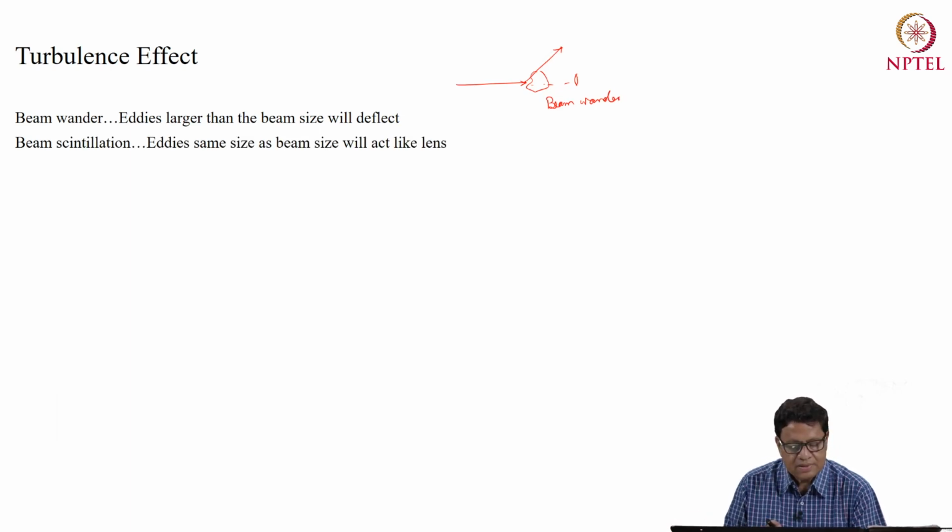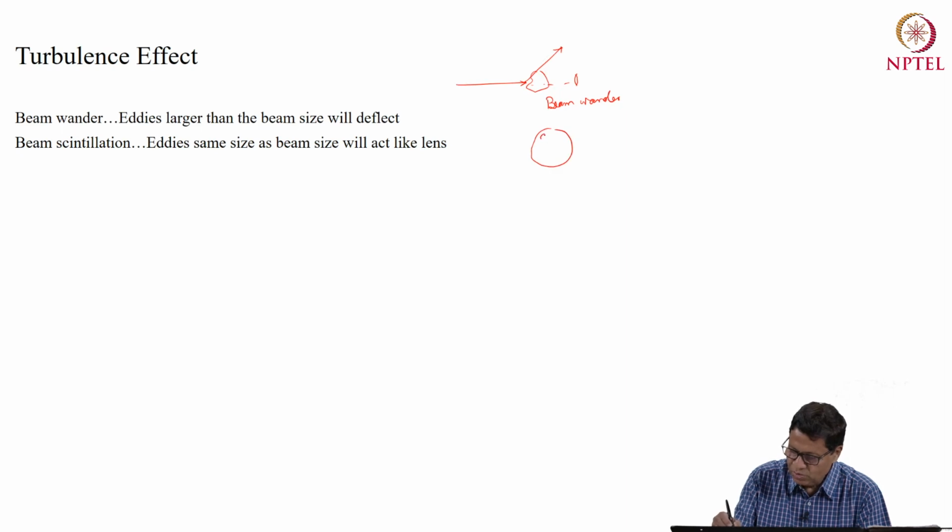The other effect is scintillation. The eddies which are of similar size as the beam size act like a lens. Sometimes they will focus the optical radiation, and sometimes they will defocus it. Because of this focusing and defocusing, you will have a constructive and destructive kind of pattern at the receiver. If you look in the plane of the receiver, you will get some dark spots and some bright spots.